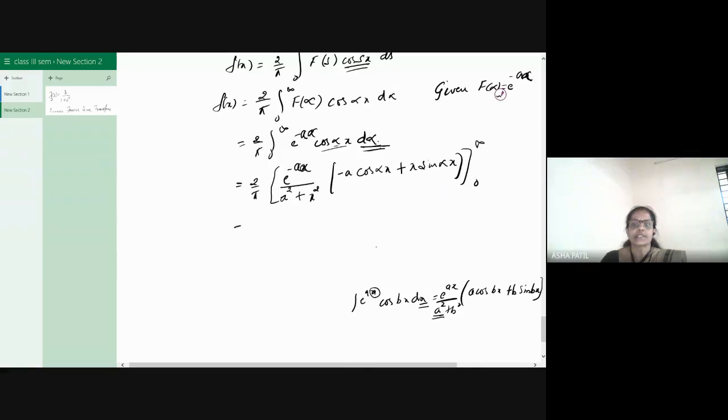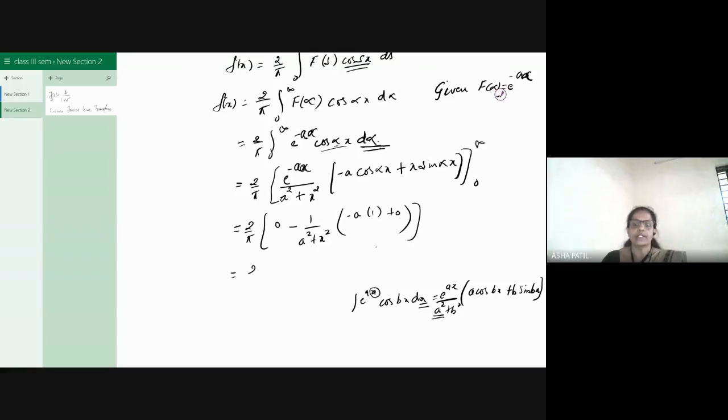Substitute the limits. 2 by pi. If you put infinity, e raised to minus infinity is 0. If you put 0, 1 divided by a square plus x square, into minus a, and cos 0 is 1, sin 0 is 0.